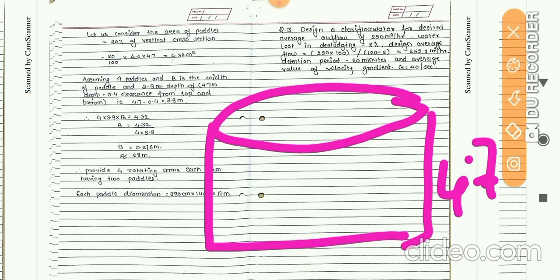As per the design consideration, we have to skip some distance from top and from bottom. So let's say 0.4 meter at the top and 0.4 meter at the bottom to be left. So in between, the middle distance, that is 3.9, we have to set the paddles.